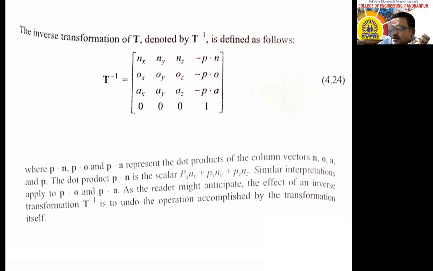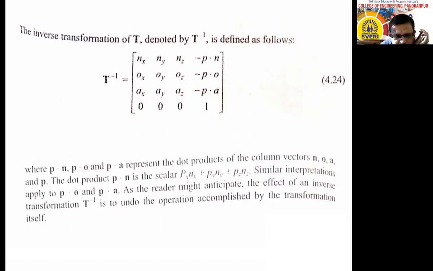Therefore, T inverse is equal to the matrix of nx, ny, nz, minus p·n; ox, oy, oz, minus p·o; then ax, ay, az, minus p·a; then 0, 0, 0, 1, where p·n, p·o and p·a represent the dot products of the column vectors n, o, a and p.